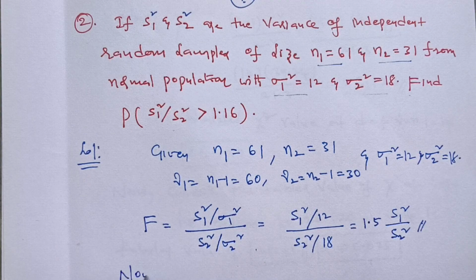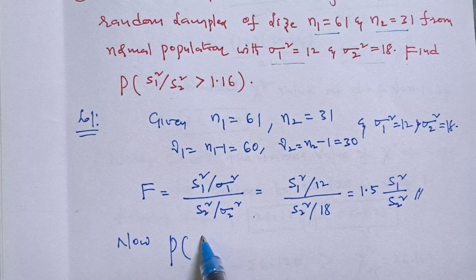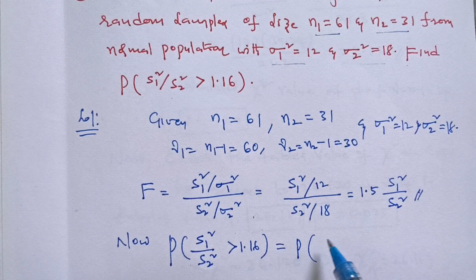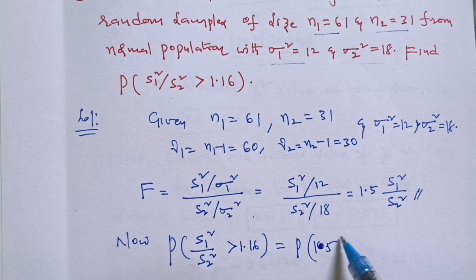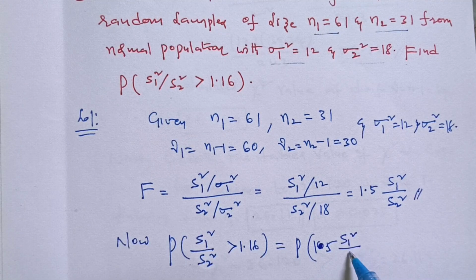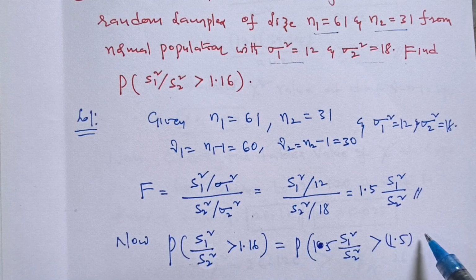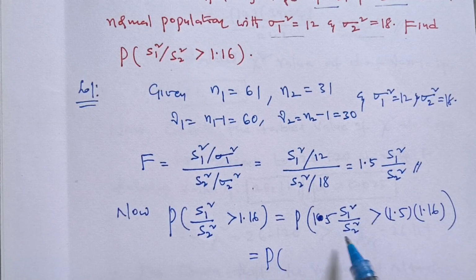Now we have to find the probability of this value. So the probability of S1 square by S2 square greater than 1.16 is equal to, multiplying 1.5 to both sides of this inequality, 1.5 into S1 square by S2 square greater than 1.5 into 1.16, because the above value F has 1.5 into S1 square by S2 square.